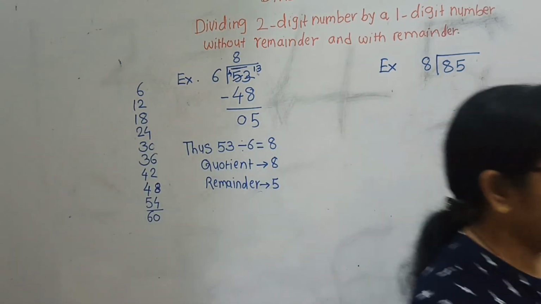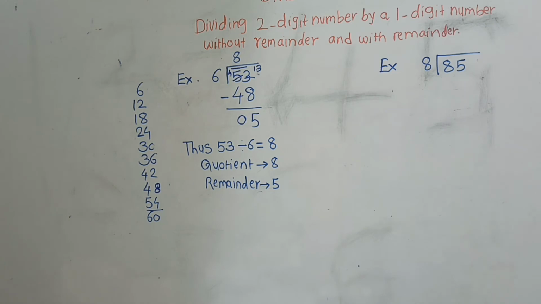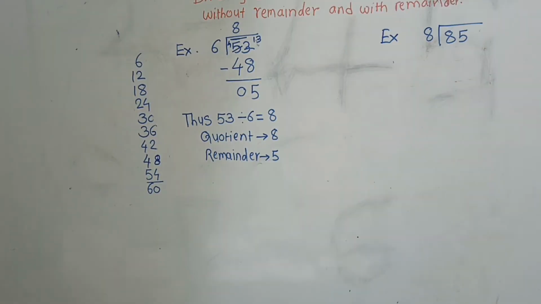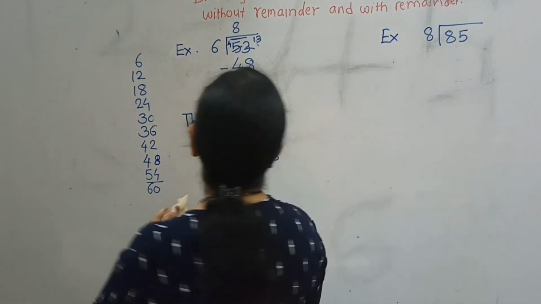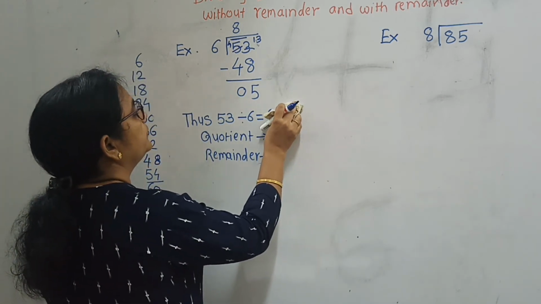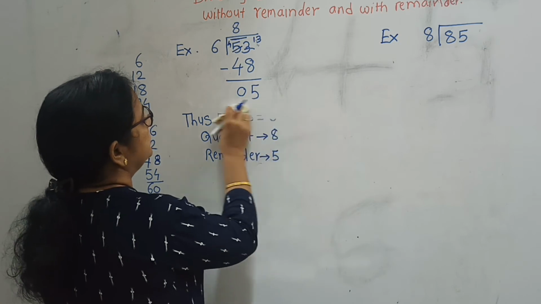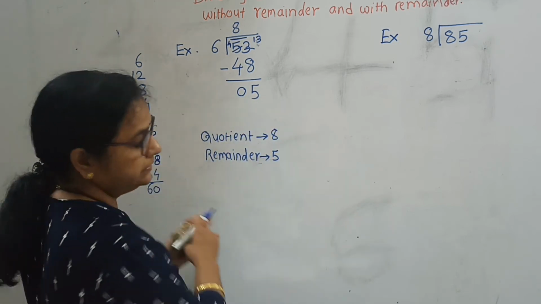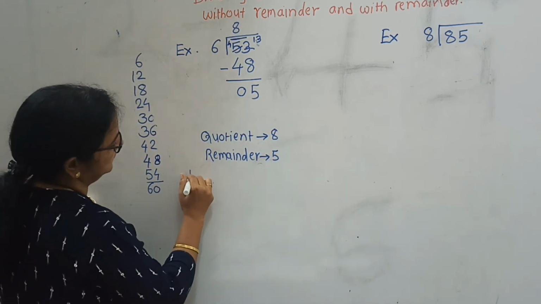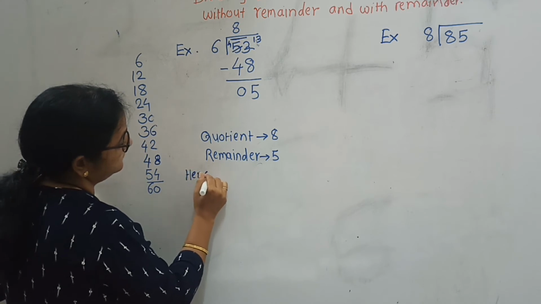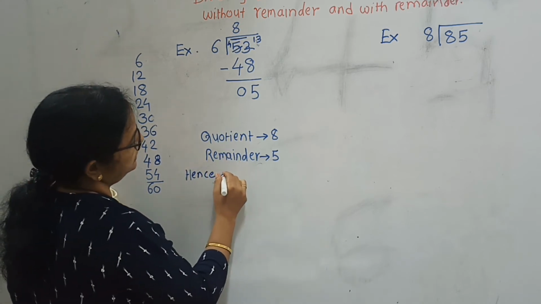Yes children. Here we cannot write 53 divided by 6 is equal to 8 because remainder is there. So we have to write, hence, quotient.